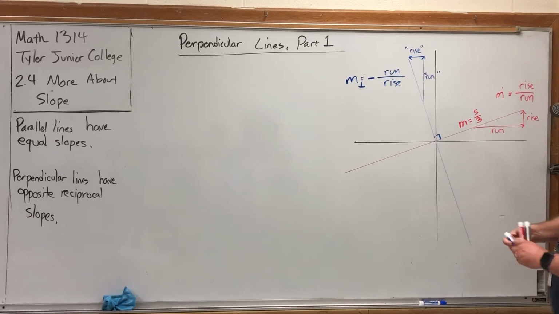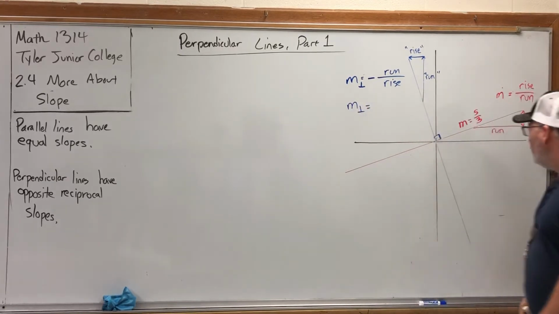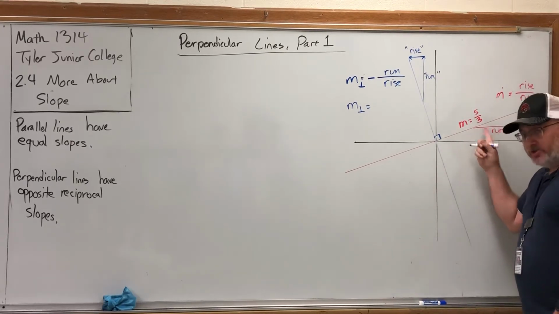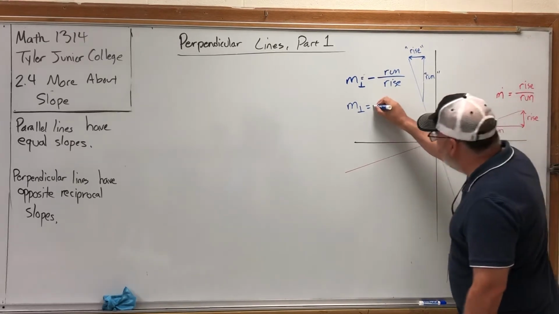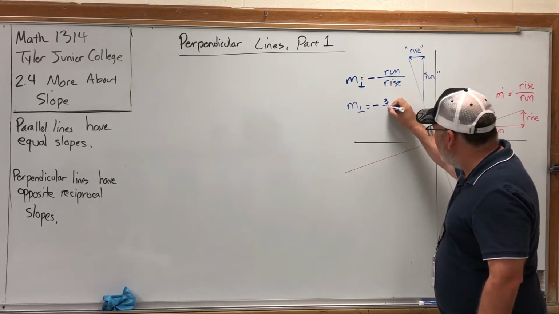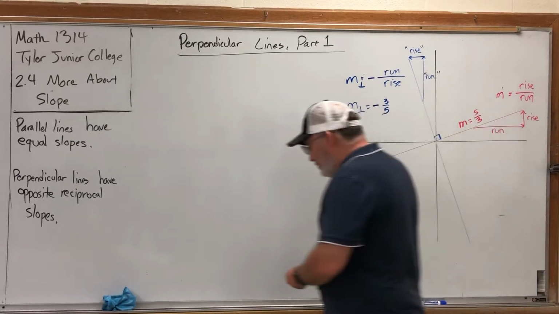What would the slope of the blue line be? Well, to get the perpendicular slope, you both take the negative, or the opposite I should say, since the original slope was positive, its opposite is negative, and reciprocal. Since this was 5/3, its reciprocal is 3/5. And that's the relationship between perpendicular lines.